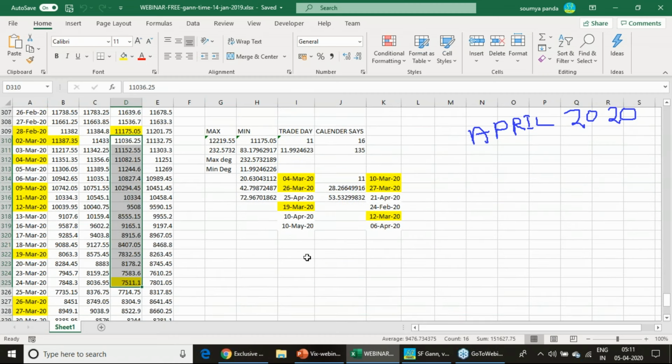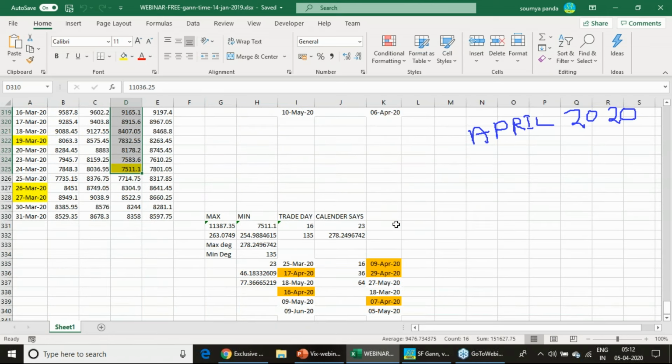And if you take the calendar days, it is 24 minus 2, that is 22 plus 1, 23 calendar days. So this high of 11,387 and low of 7,511 has formed within 23 calendar days and 16 trading days.